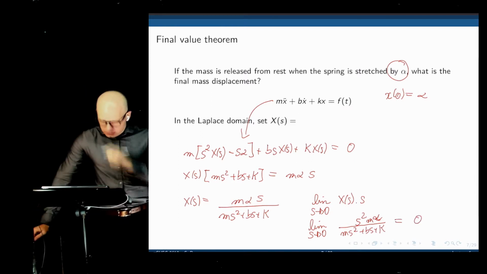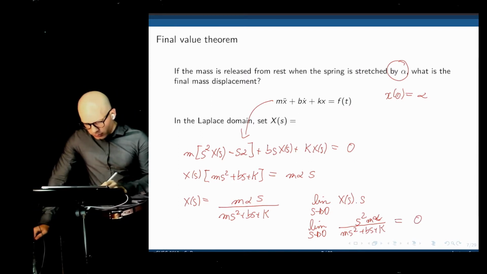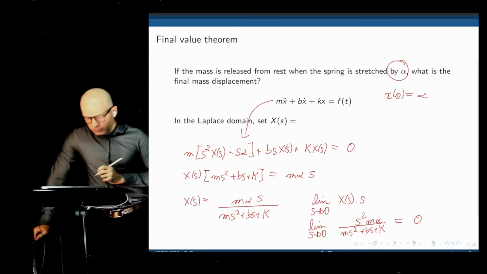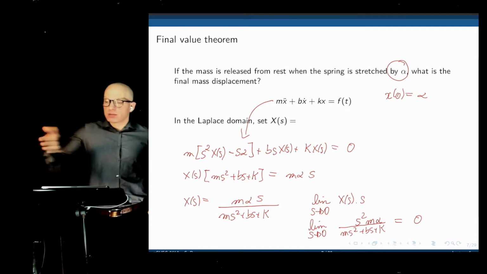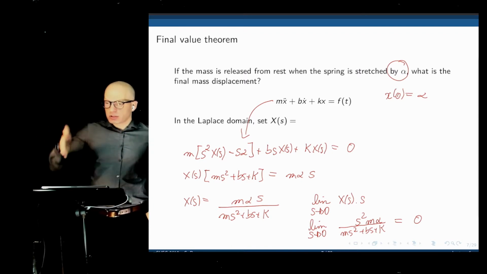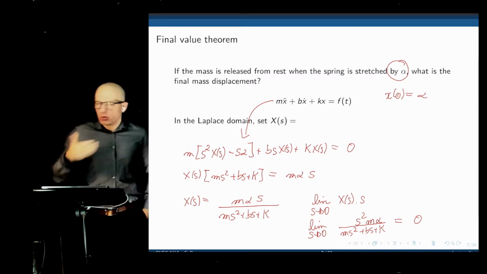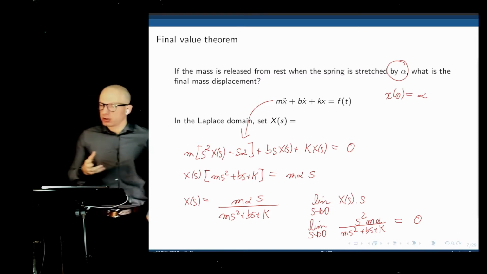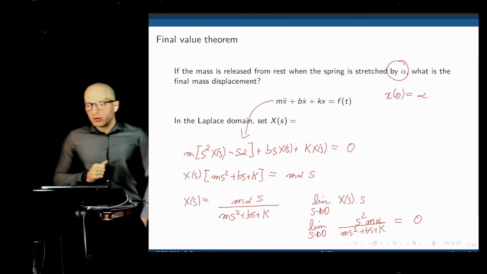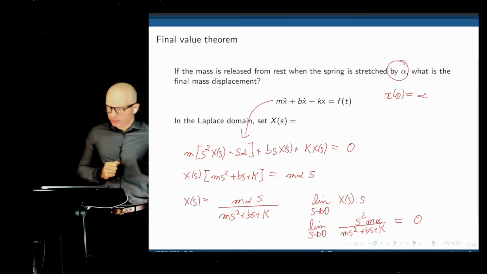It will indeed tend to 0. Okay, so that proves the point. If we stretch the mass and let it go, it will maybe oscillate a little bit before it stops. And where will it stop? Where it started, at 0. And you can calculate all that without even computing the inverse Laplace transform.